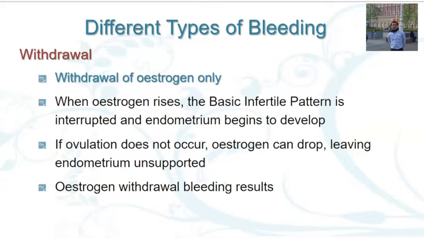It will be dislodged, causing a withdrawal bleeding. I repeat, withdrawal bleeding is very common in girls at the age of puberty, until maybe 18 years old. They might experience withdrawal bleed, which is a normal pattern, including women approaching menopause, maybe 35 years and beyond.